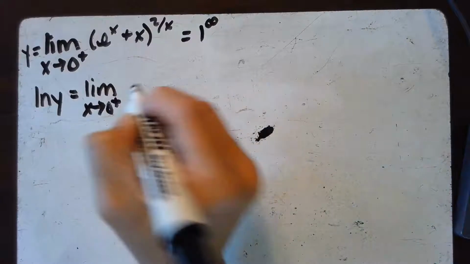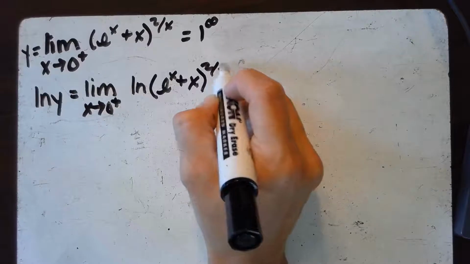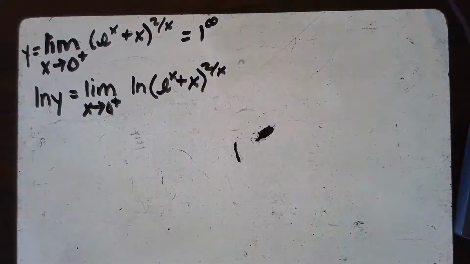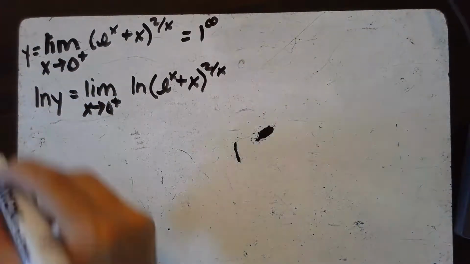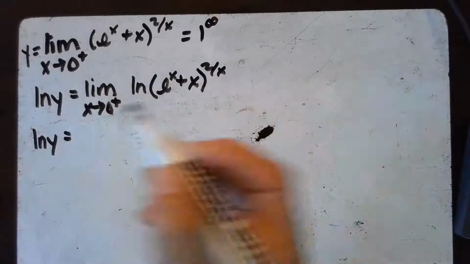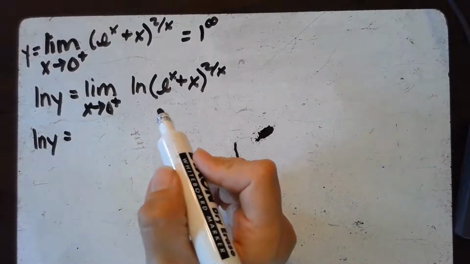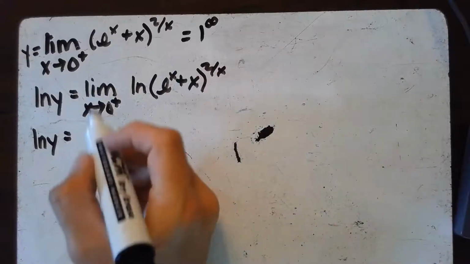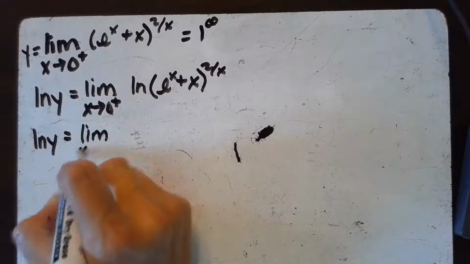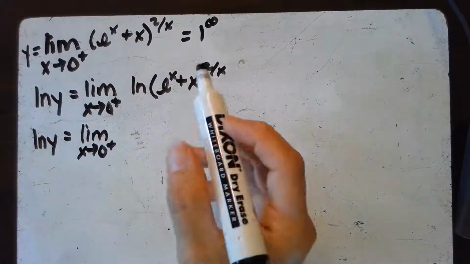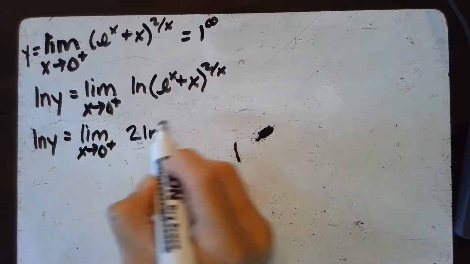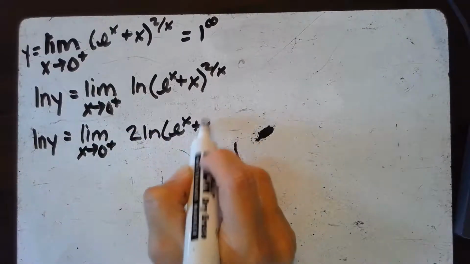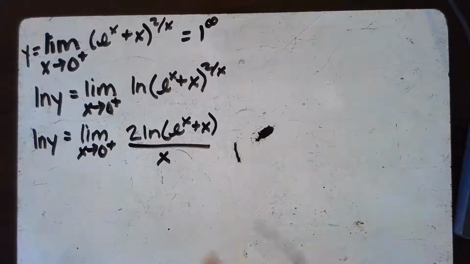And then I'm going to say the natural log of e to the x plus x to the 2 over x. So the natural log of y equals, all right, and what I can do is bring that 2 over x and use the power property.